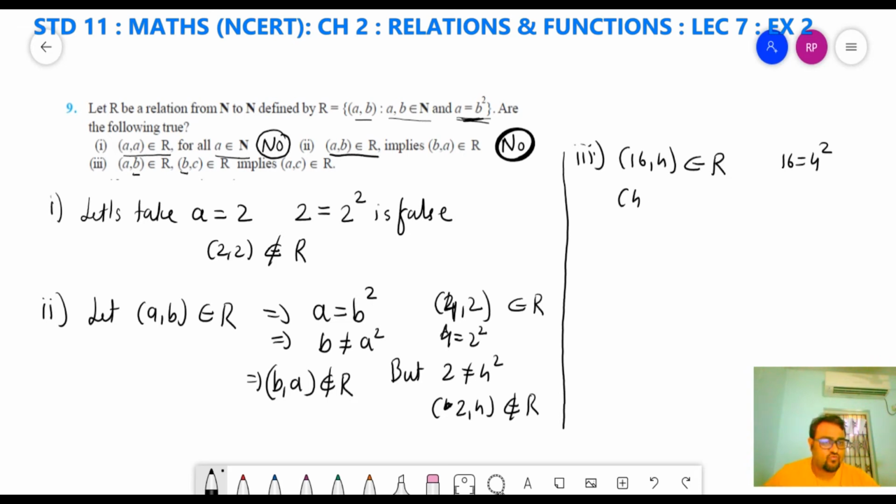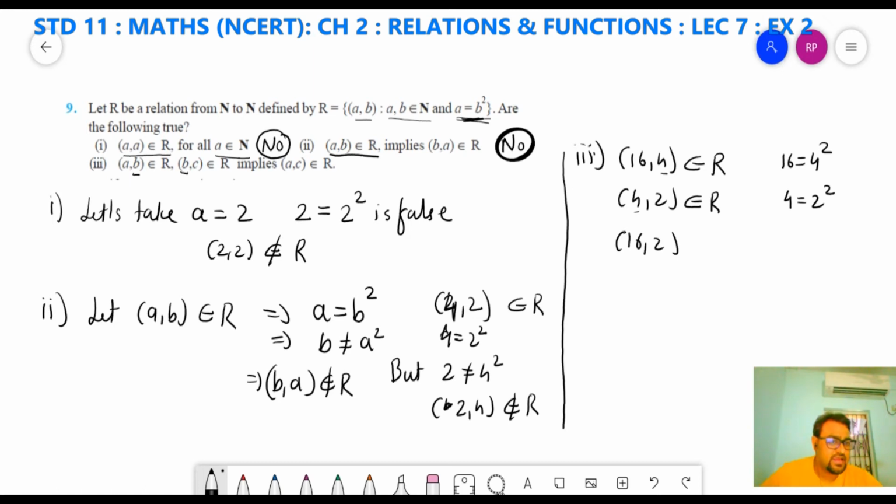Clear? Now (4, 2) we had taken, that 4 is equal to 2 square, A is equal to B square. This is also satisfying. So this also belongs to R. Clear? So now it's (A, C). B is same here, 4, 4 same. So what will you say about (16, 2)?